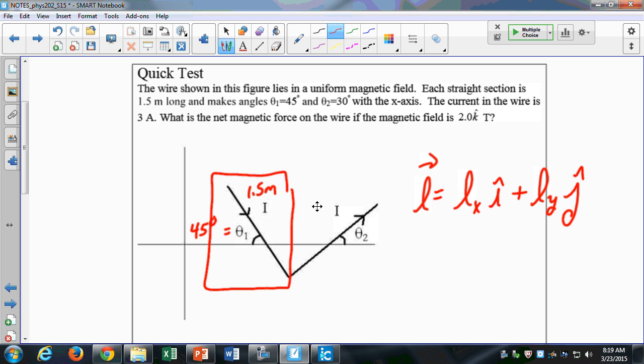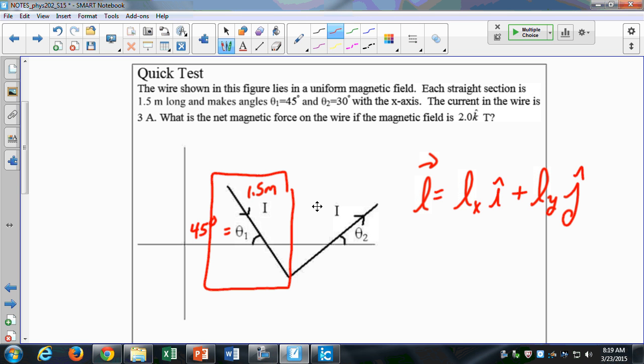Is this x component positive or negative? It's positive. What about the y component? It's negative. So we'll take the magnitude times sine of 45, and it's going to be a negative because this wire has a negative y component and a positive x component. Right, so you first want to find that vector.